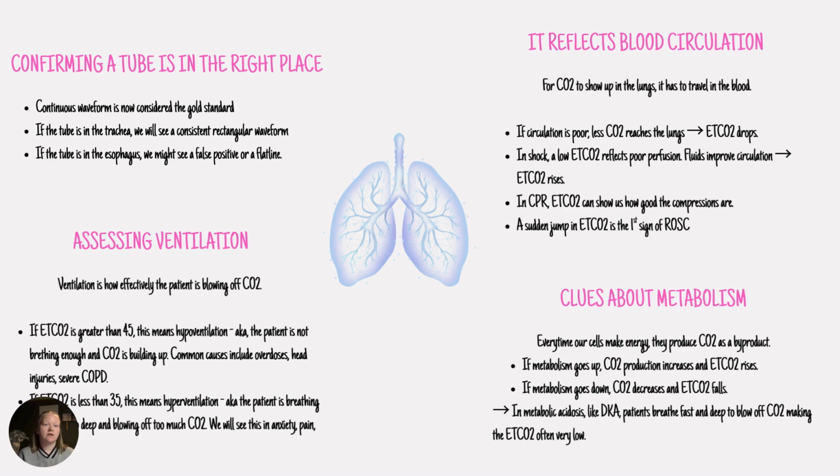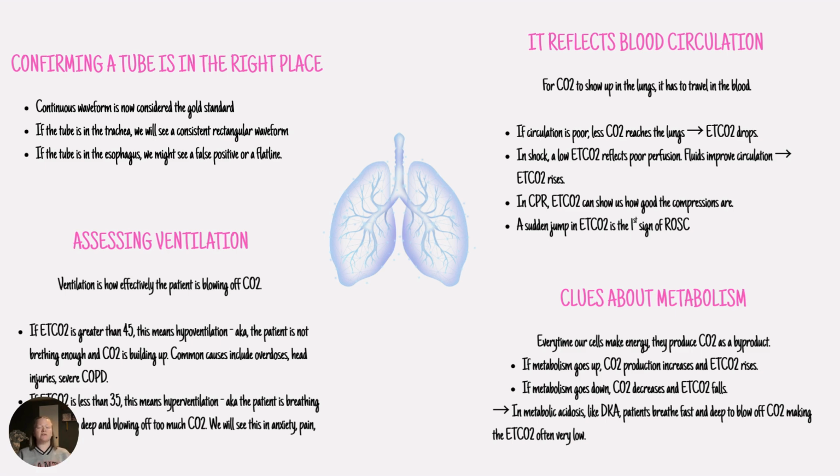So placement, confirming the tube is in the right place. When we intubate, our most important question is, is the tube in the trachea or is it in the esophagus? Continuous waveform capnography is now considered the gold standard for confirming correct tube placement. If the tube is in the trachea, you'll see that consistent rectangular waveform with every breath, like we saw in the previous slide.